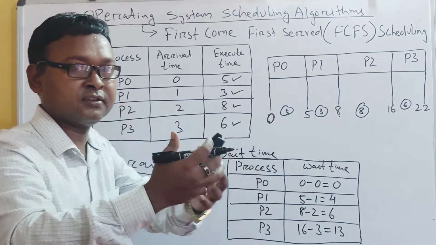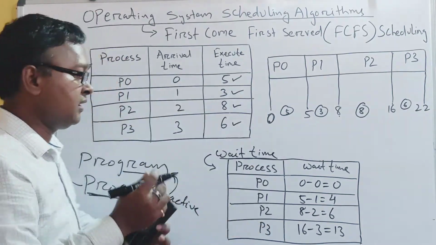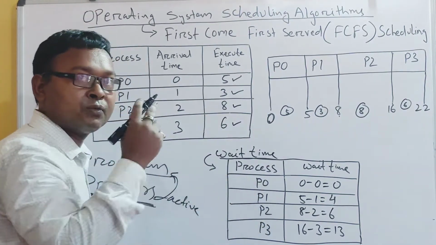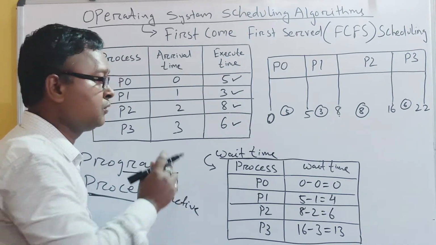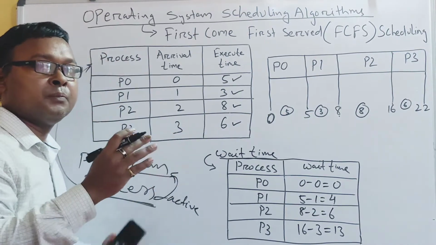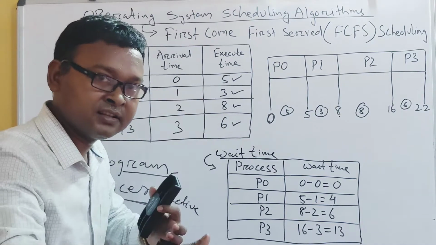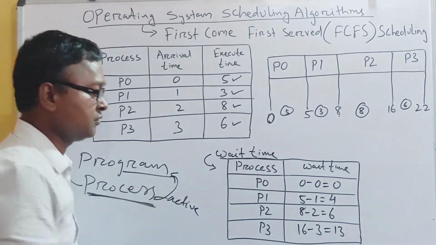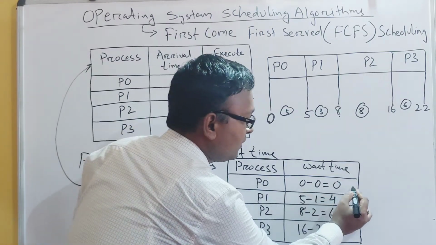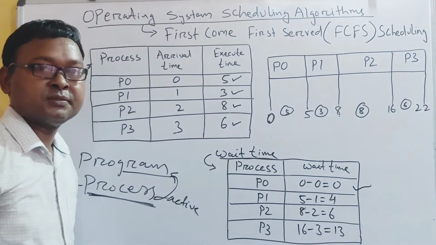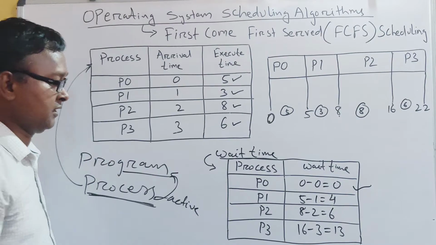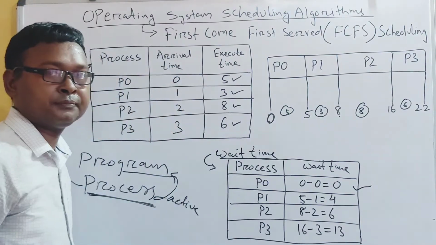As P0 was the first process to come to the processor, it is not waiting for the processor. It has got the processor for execution. So there is no waiting time for process P0, right?